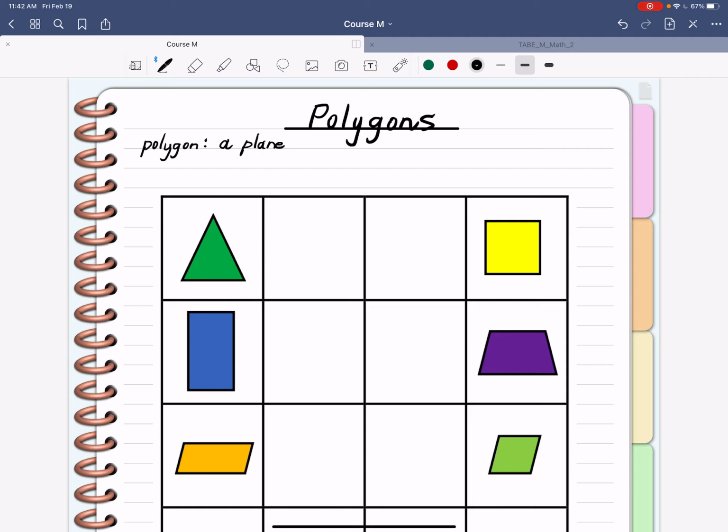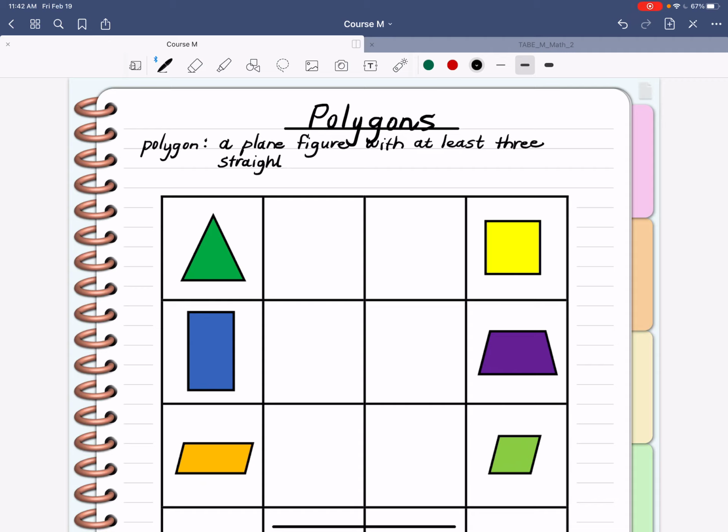A plane figure, and plane means that it's flat, it's two-dimensional, with at least three straight sides.